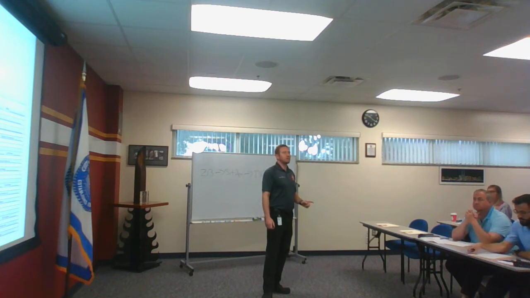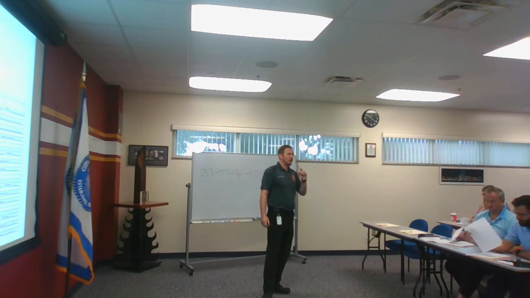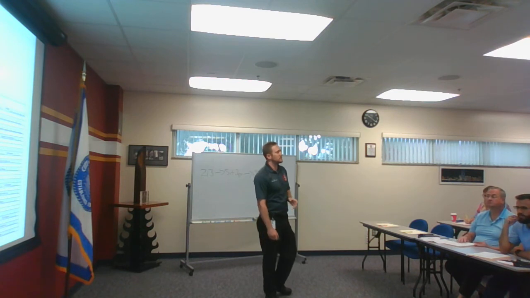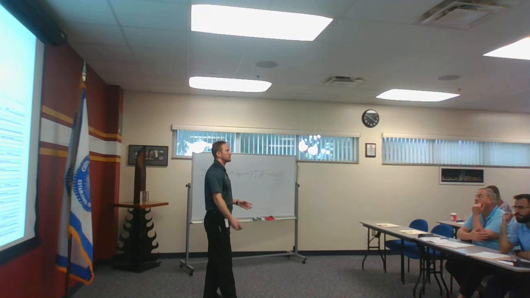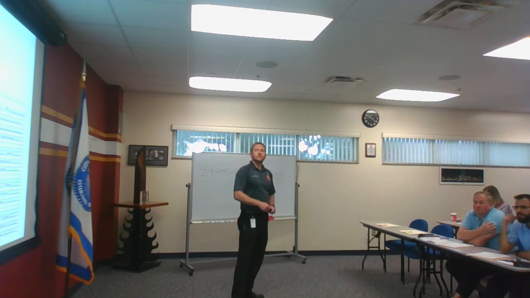This one I want to throw up real quick because a lot of times we hear about equipment. Equipment's a big deal, especially when you're going on missions. This one you won't have because this form is actually not a FEMA form. It's a state form. FEMA doesn't have an equipment log, I'm assuming because perhaps they assume that we all have our different log systems. This is a form the state put together for law enforcement, and it's just a way to track equipment.